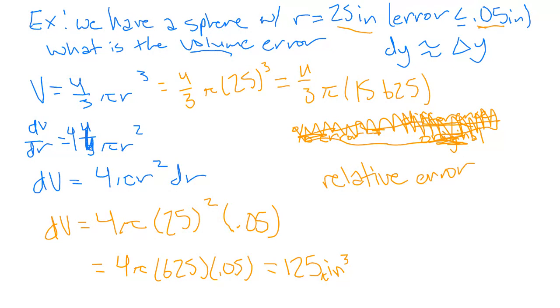Our relative error is essentially what our differential is over what our actual is. So in this case, we would be getting 125 pi over 4/3 pi times 15,625.